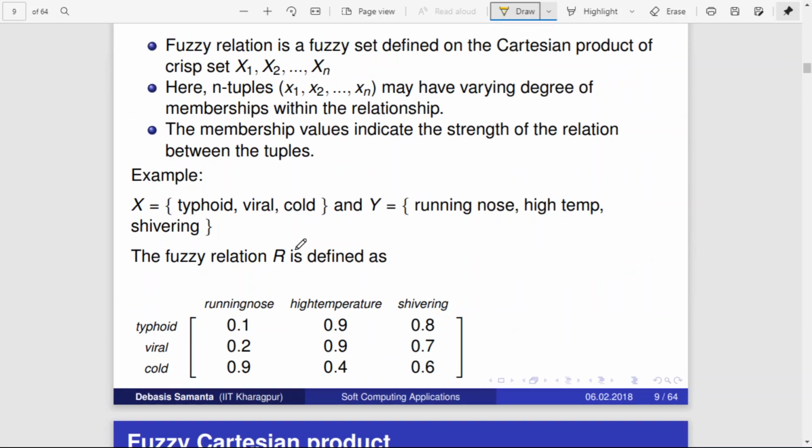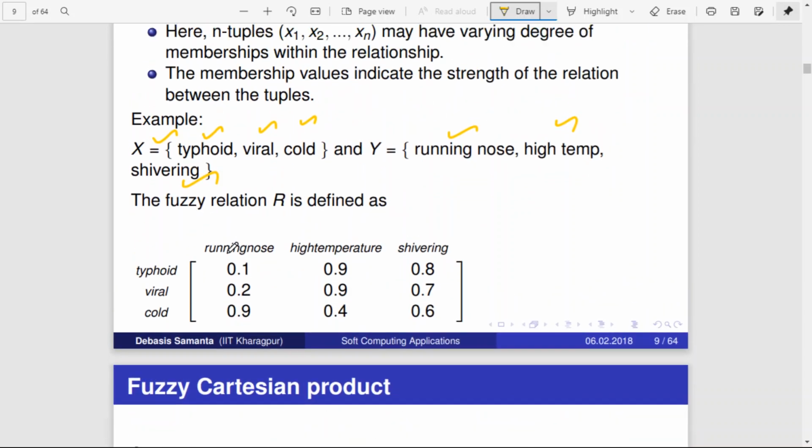Okay, so let us assume there are two sets X and Y, where X contains these elements: typhoid, viral, cold, some types of diseases, right? And Y contains some symptoms like running nose, high temperature and shivering. And this is represented through a relation R. We are just discussing one example.